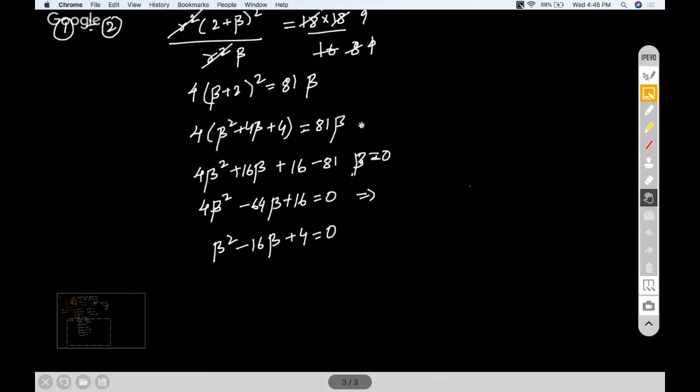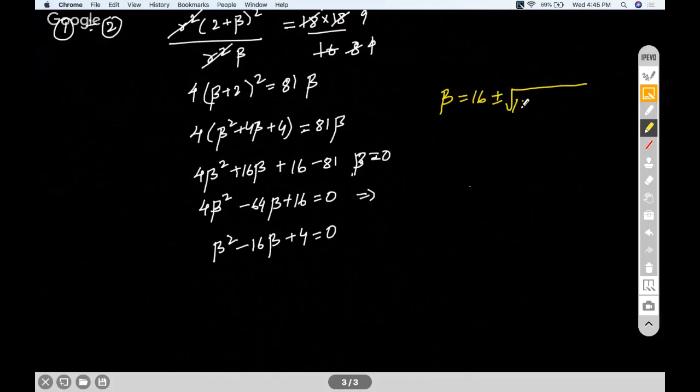Give me the answer of beta in radians. You can use your quadratic equation formula, minus b plus minus root of b square minus 4ac by 2a.